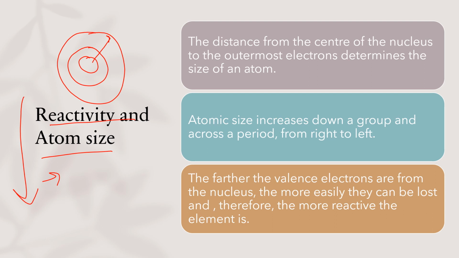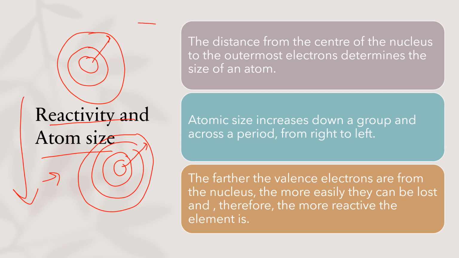It means the distance from the nucleus increases as you go down a group. And as you go across, the atomic size increases from right to left. It means the atoms here have a greater atomic size than the atoms which are here.